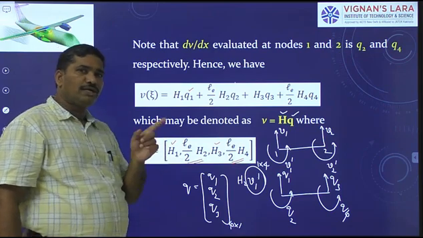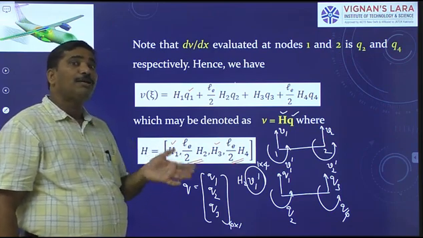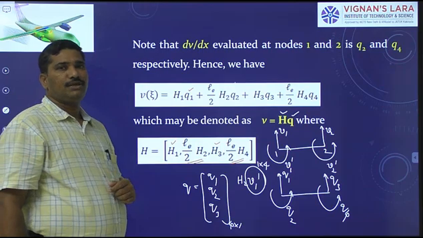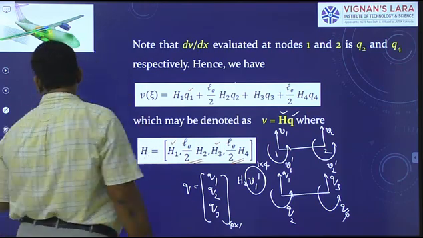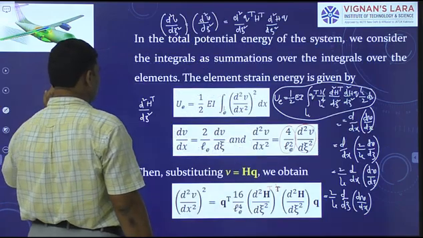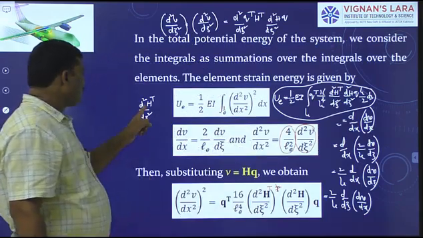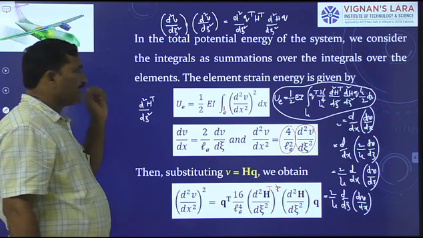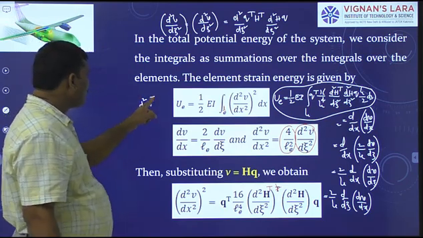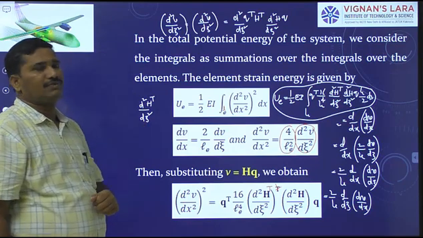H1, H2, H3 and H4 are cubic polynomials expressed in the natural coordinate J. Therefore, you have to differentiate H transpose twice with respect to J. Then you get D square H transpose by dj square.